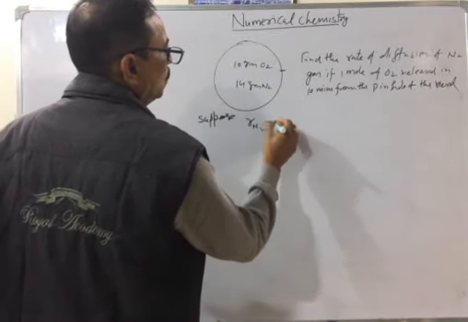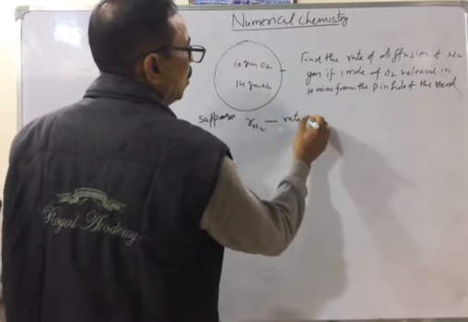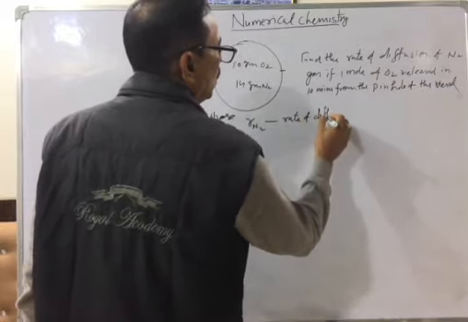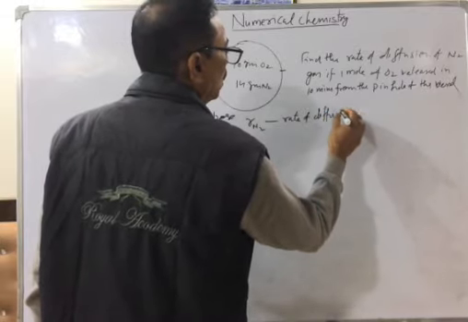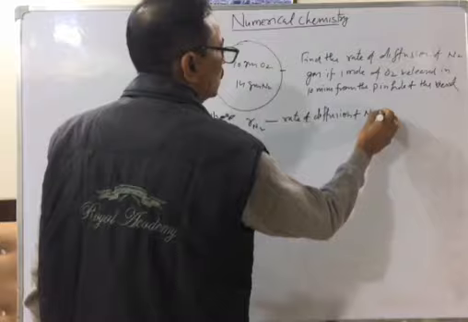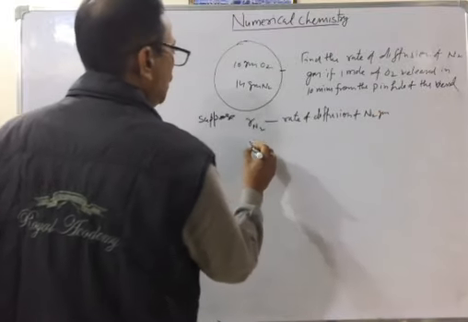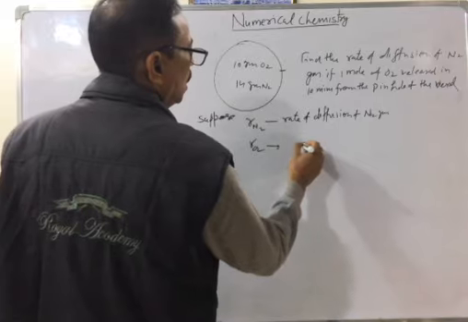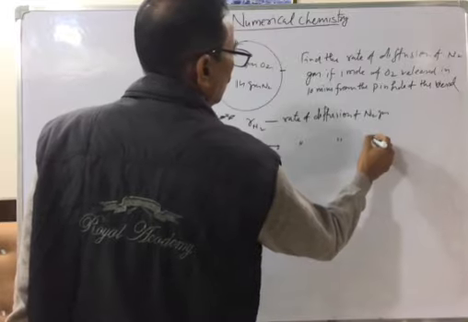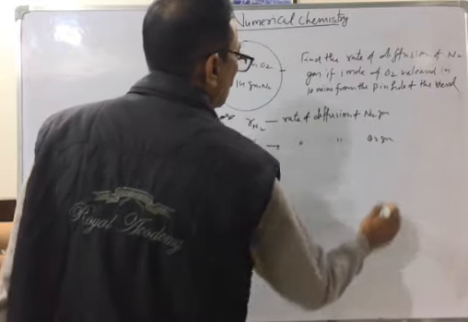Suppose RN2 is the rate of diffusion of nitrogen gas and RO2 is the rate of diffusion of oxygen gas.